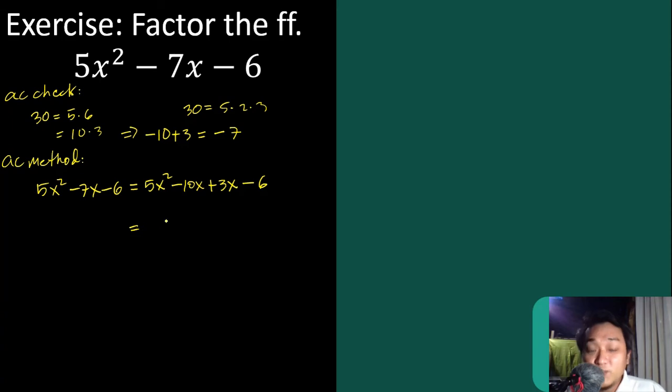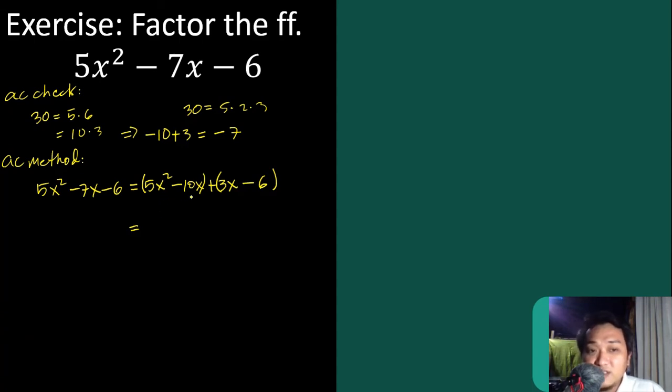Now let us group this, and let us try to group this. So that will be the quantity 5x squared minus 10x plus the quantity 3x minus 6, and identify the greatest common factor in each of the quantities.